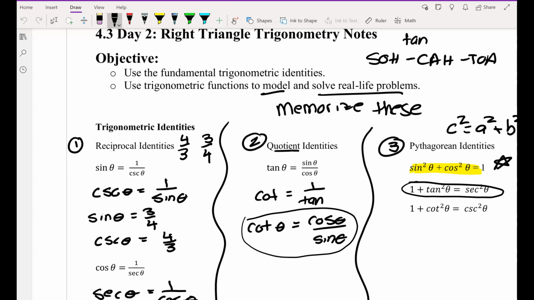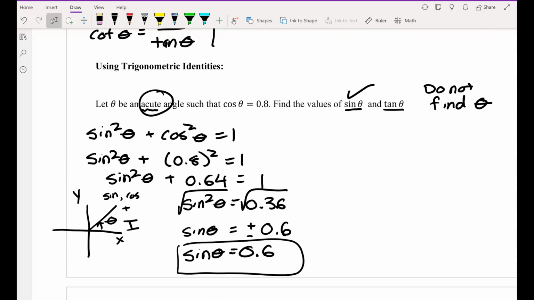So this equation I can use to relate tangent and cosine, but I have another choice that I think is easier. Right over here in our quotient identities, I've got tangent of theta equals sine over cosine, and I know both the sine and the cosine. So I'm going to go ahead and use that.